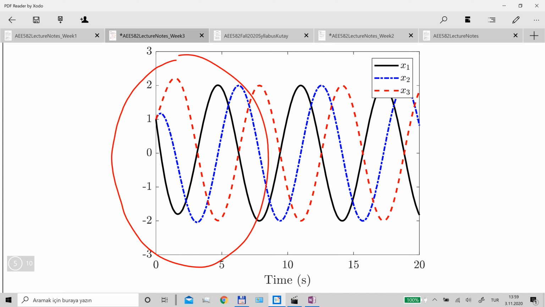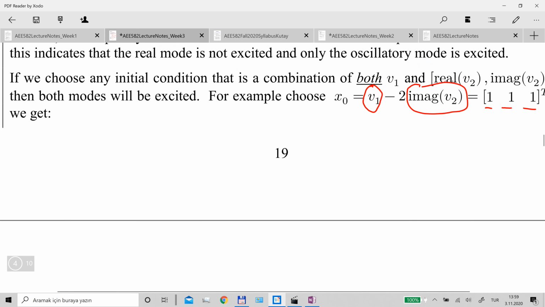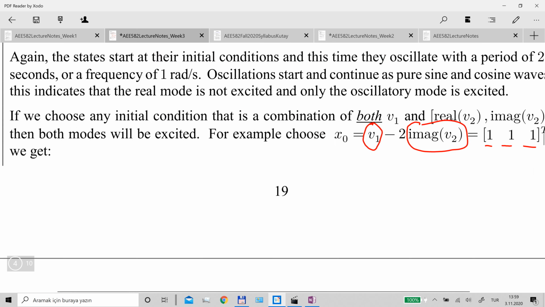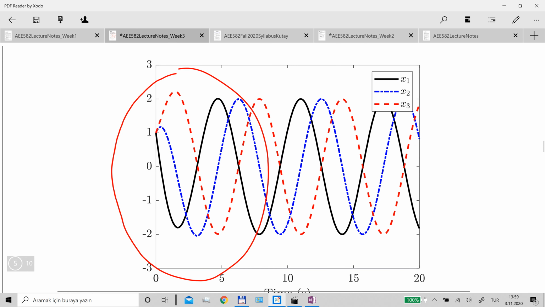So in other words, if you compare this with the result of the second case, in the second case, all the three state variables started as pure sine waves and they continued like that. But if you look here, you can see that the oscillations contain the effect of the stable mode, and within like 3 or 4 seconds the effect of the stable mode dies out, and all the three state variables continue as pure sine waves.